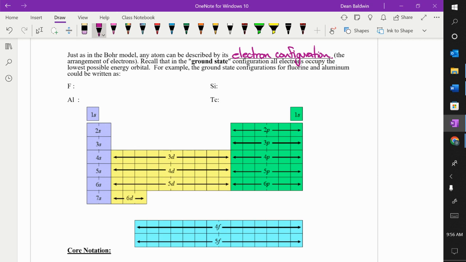We'll start that now and we'll finish it tomorrow. If we look at fluorine, here's fluorine. I should have a periodic table right beside me.